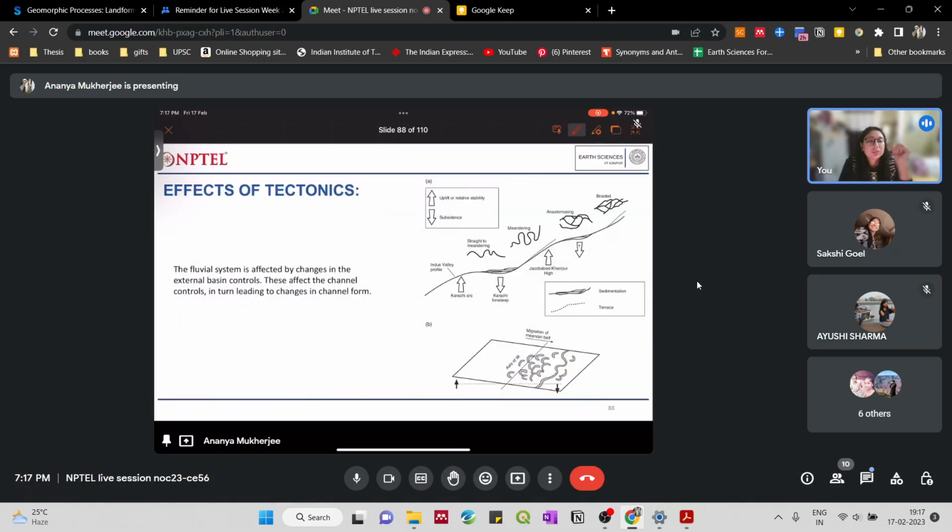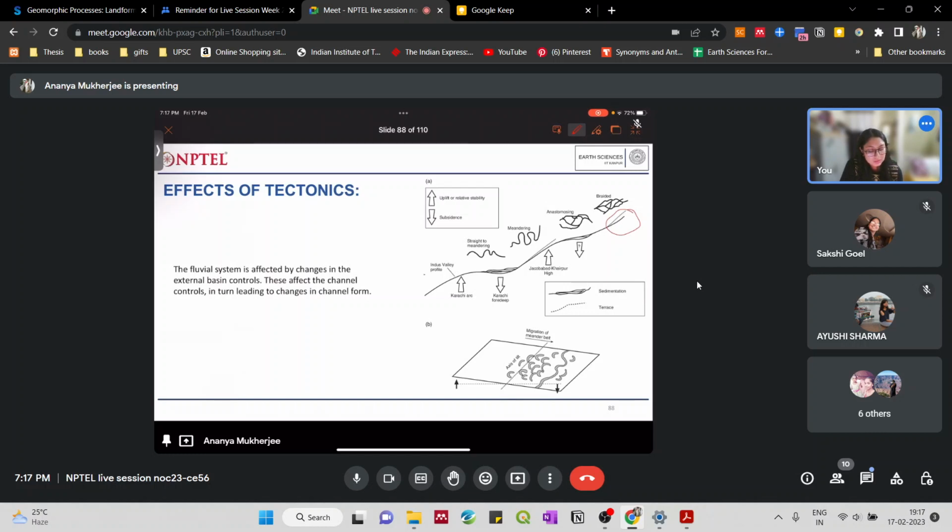Now we come to the effect of tectonics on the river profile. This is kind of the Indus Valley profile. Somewhere around here it becomes braided, then it becomes anastomosing.